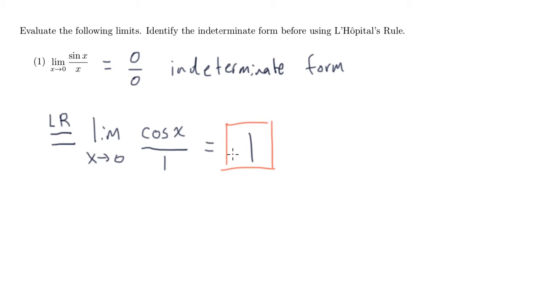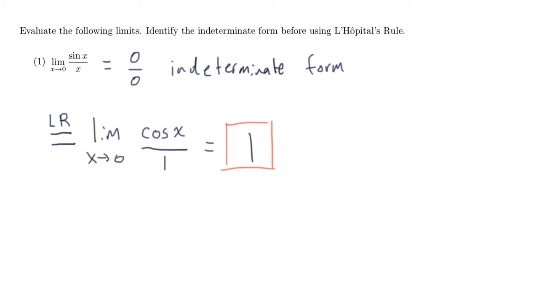Now, before you get too excited about this, there's actually sort of a problem with evaluating this limit this way. What you probably want to say is, well, why do we do this crazy geometric proof for the limit of sine x over x if we could have just used L'Hopital's rule? But think about what we had to do to apply L'Hopital's rule. We had to take the derivative of sine x.